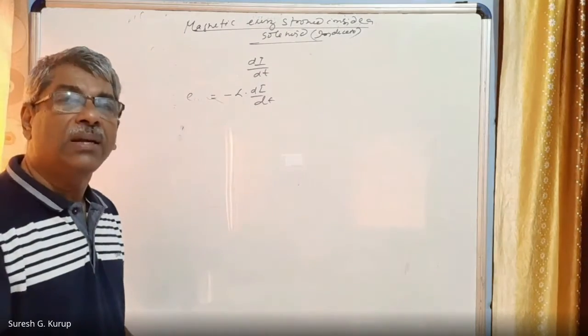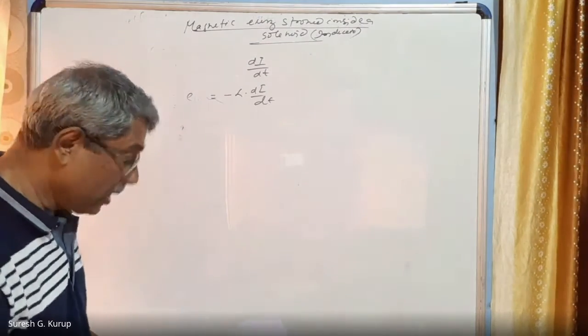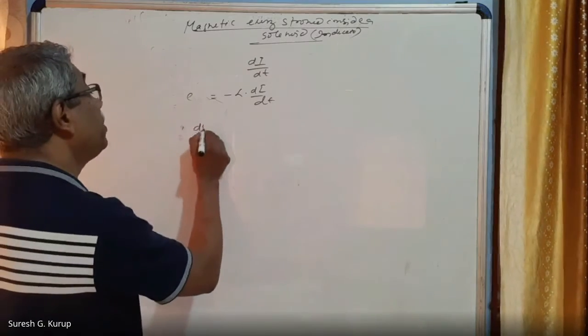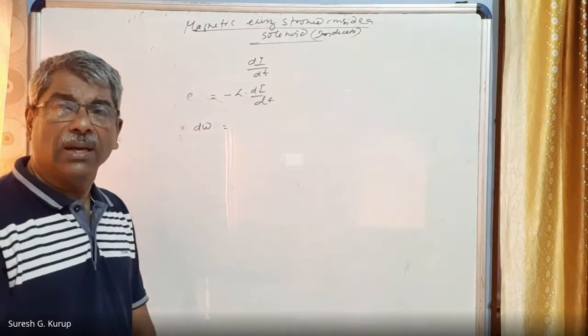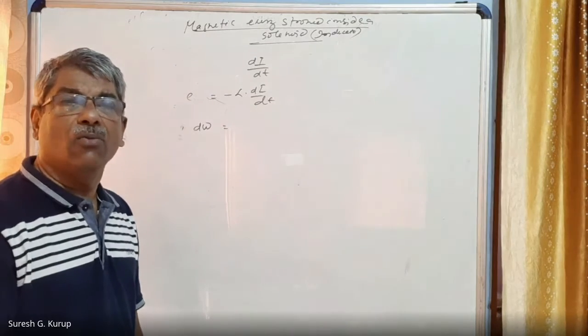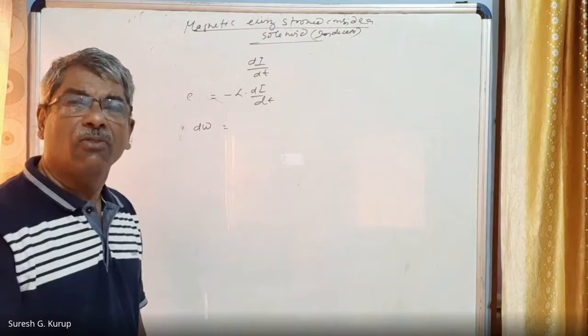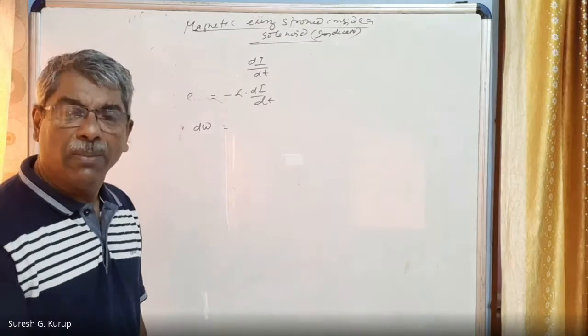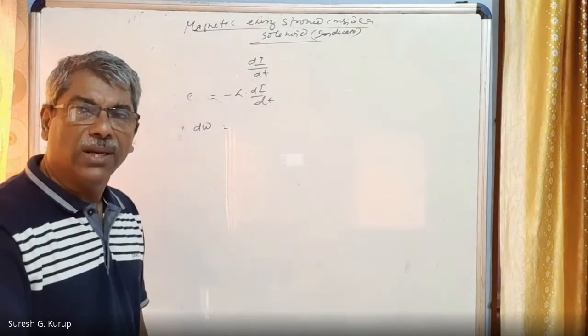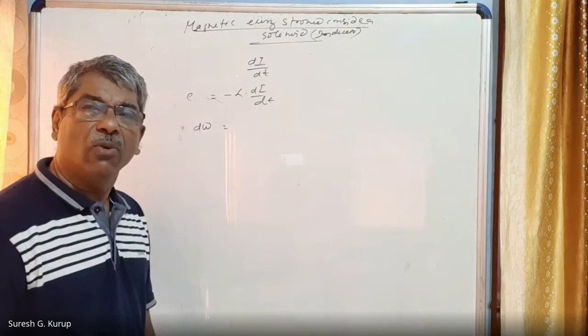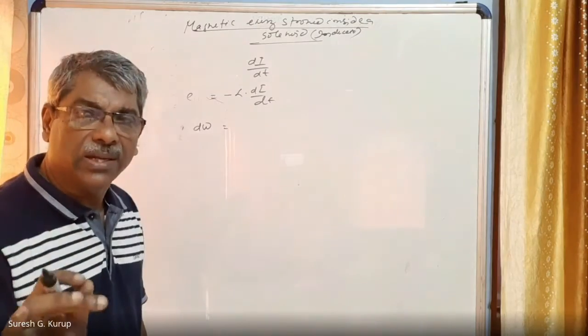Then the work done by the source is given by dw. Why dw? Because the current I is flowing through the coil with the help of the source. The source is doing the work to send the current I through the coil for a small time dt seconds.